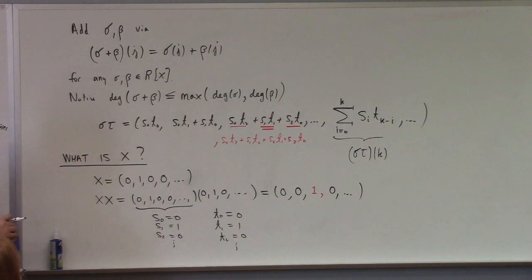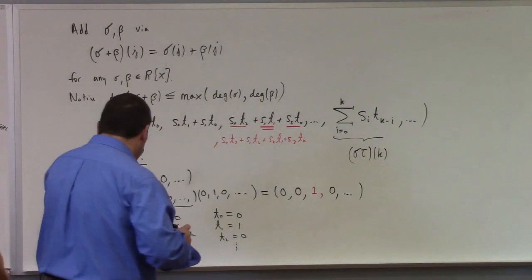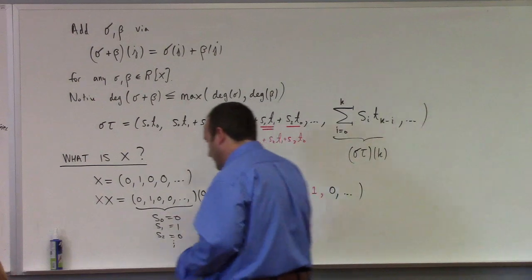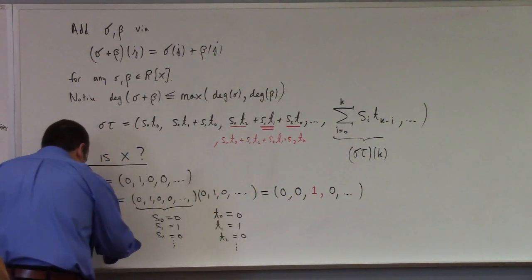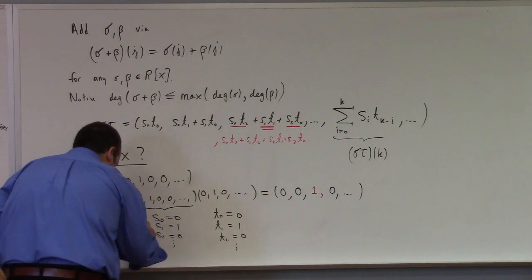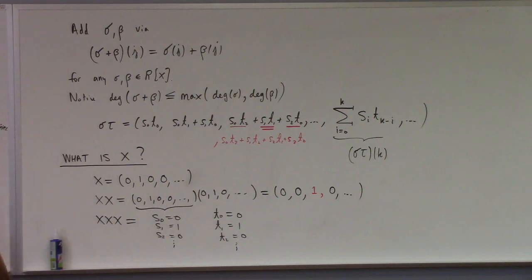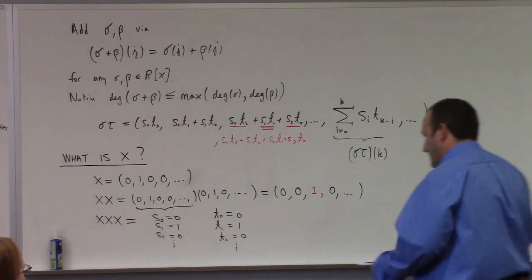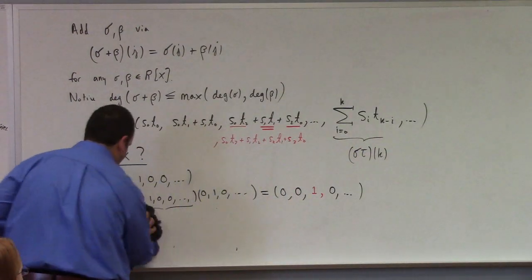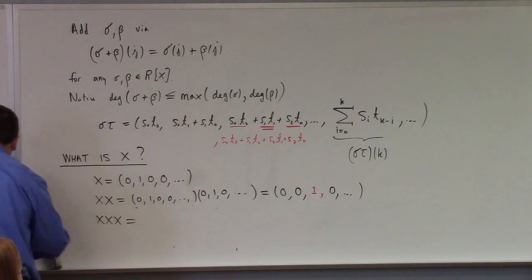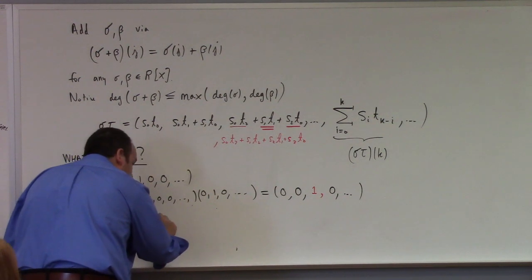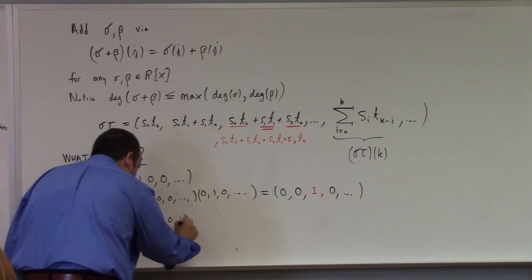All right, having done this, you might wonder what is x cubed, right? Well, I'm going to erase my work. What do you think it works out to? If you go through this, work it out for yourself, sort through my definition, you will get 0, 0, 0, 1.